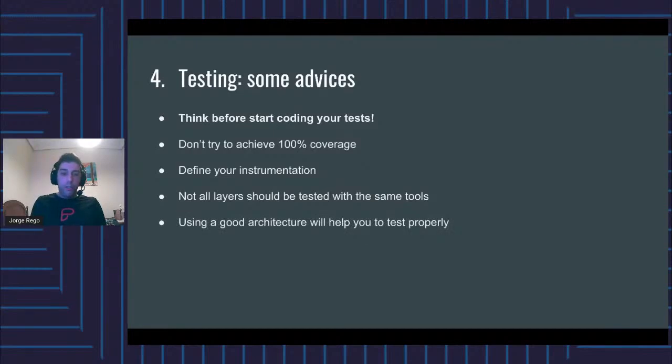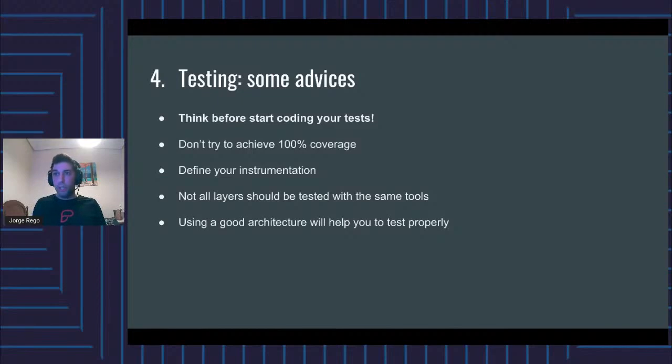Using a good architecture will help you to test properly. If each layer has its responsibilities, its dependencies are injected, and you properly abstract them, you will be able to properly unit test each layer. And if you can unit test each layer independently, that will help on asserting that the layer is working properly.